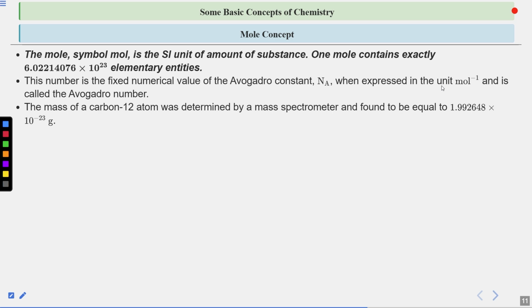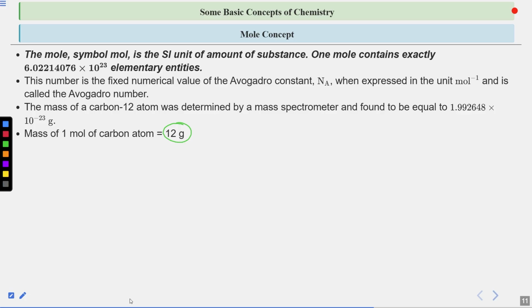First of all, we must know that the mass of one carbon 12 atom is 1.992648 into 10 to the power minus 23 gram. We also know that 1 mole of carbon atoms will have a mass of 12 gram. So this is important to understand.